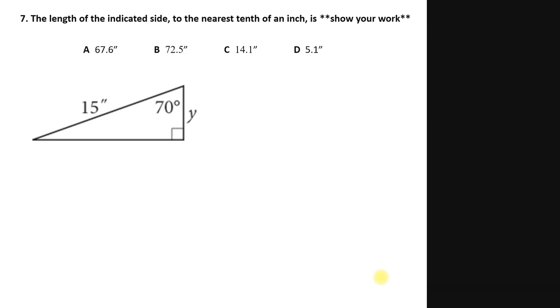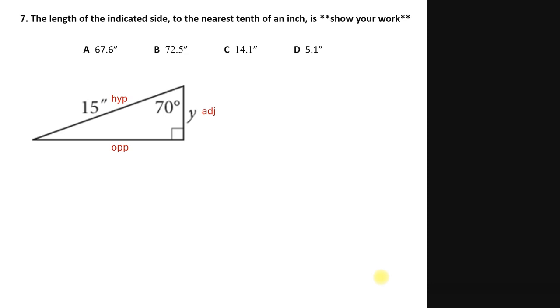The length of the indicated side to the nearest tenth of an inch is one of the following. So we're given a reference angle of 70 degrees. So if that's our reference angle, we can label the sides. We're asked for y, which is adjacent, and we're given the hypotenuse.